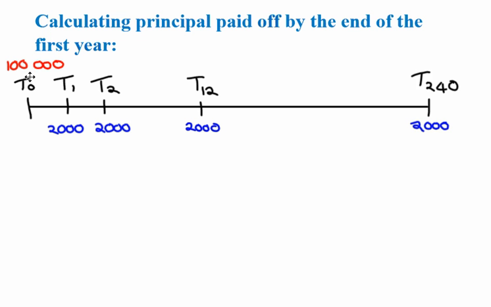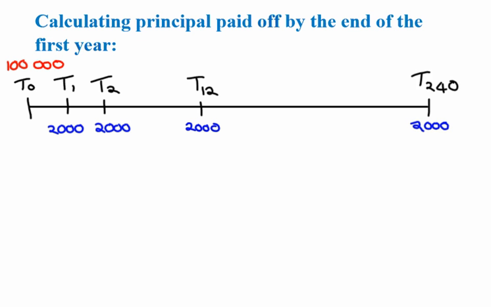How much has it been reduced? We need to know our principal at the beginning, and we also need to know our principal at that point. That's what we learned about in the part 1 video: that's actually our balance outstanding at that point. We need 100,000, take that away, and that's how much principal we have paid. So let's write that down so we know what we're looking for.